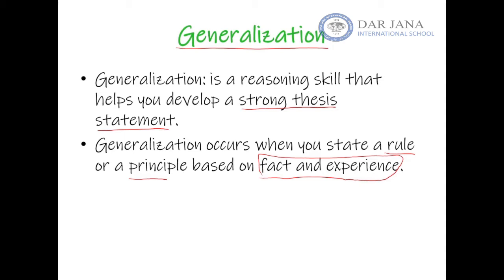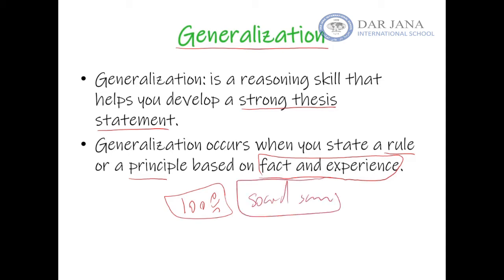Now, it's very important to understand that generalization doesn't always work in terms of fact and experience. And there's no telling whether it's 100% satisfied or not. We're going to talk about that in a different lesson, that in generalization, you can never say 100% that this is the rule that applies to everything, specifically in social sciences.